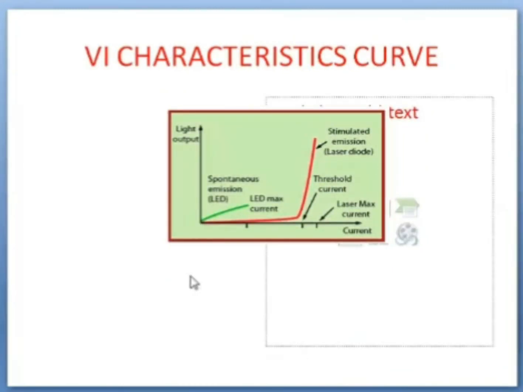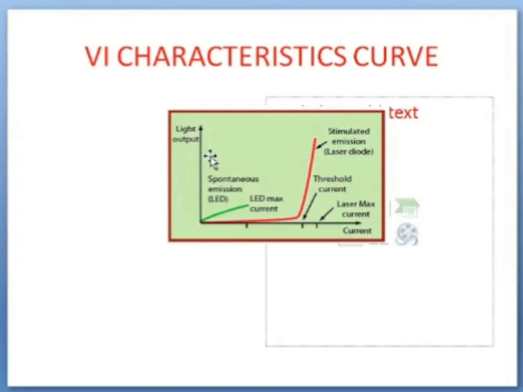The VI characteristics form just like your forward bias. Up to some value, the current flow will be very small. Afterwards, the current flow will be very high, and the light output will be very high here.